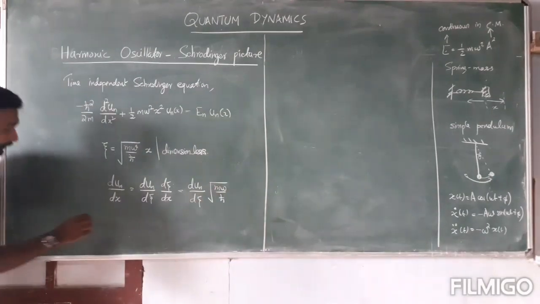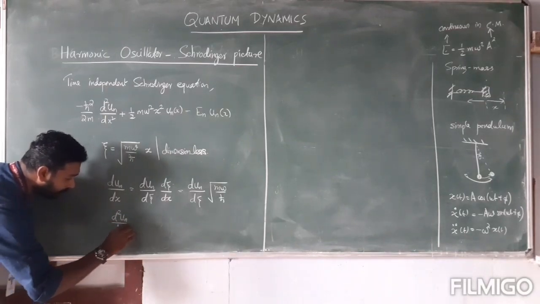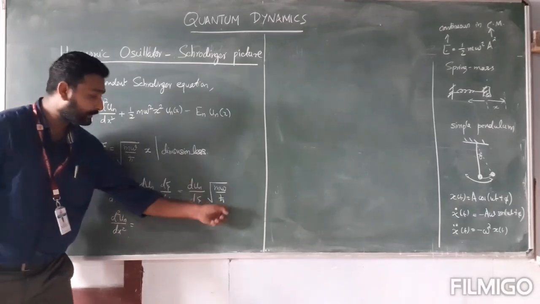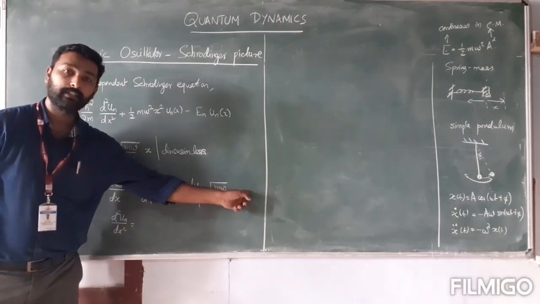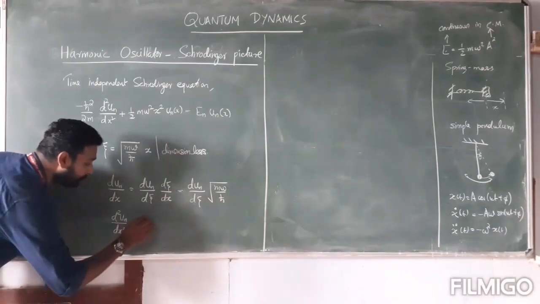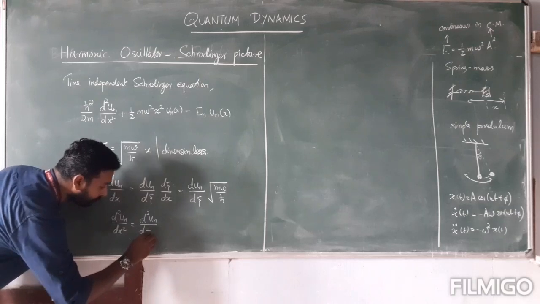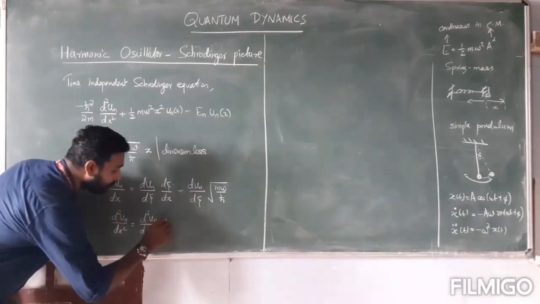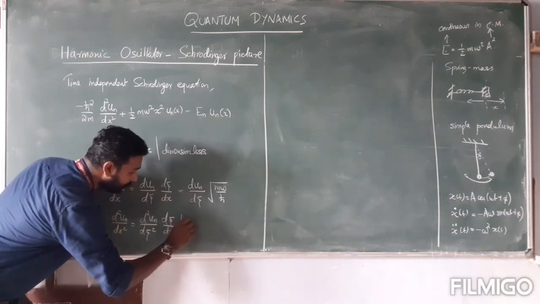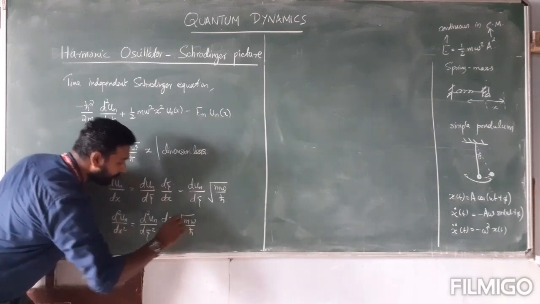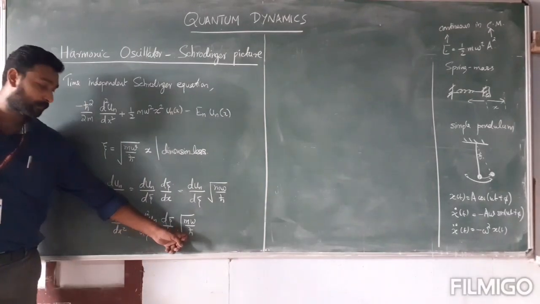And if you differentiate again, d square un by dx square, I have to differentiate this with respect to x. First differentiate with theta, then find d theta by dx. So this will become d square un by d theta square into d theta by dx, and the square root of m omega by h cross is just a constant. And d theta by dx again is root m omega by h cross.